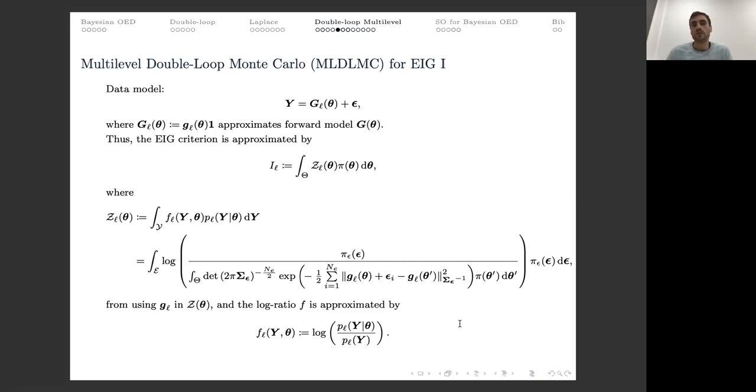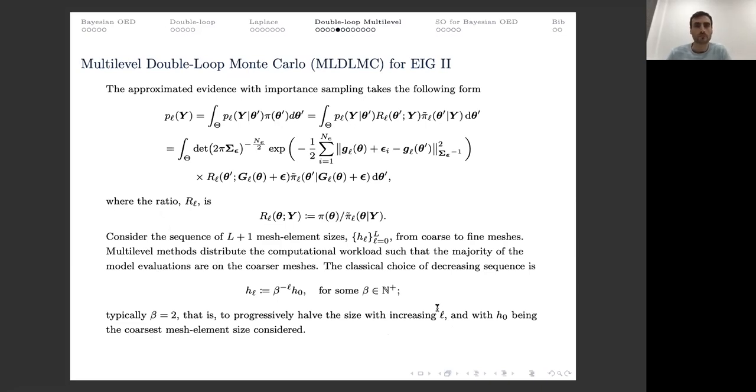As we did before, the expected information gain was the expectation of the function Z. The expected information gain at level L is defined as the expectation of the functional Z_L. Basically, in this last expression we replace G by G_L.